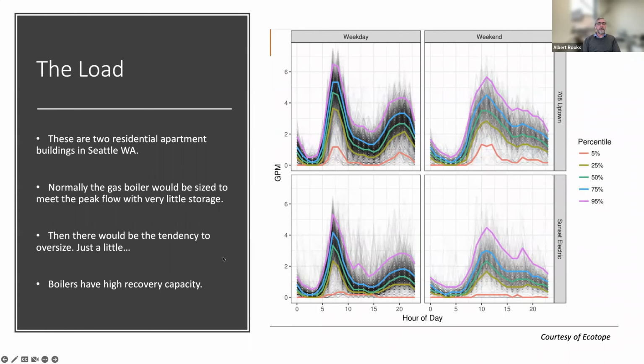Then they return, and there's a high use over a longer period at the end of the day. Then we swing into an overnight condition, and the usage is very low overnight. Something special happens there that we're going to look at a little bit later. Weekends are very similar in the amount of water used, just used over a different schedule across the day.